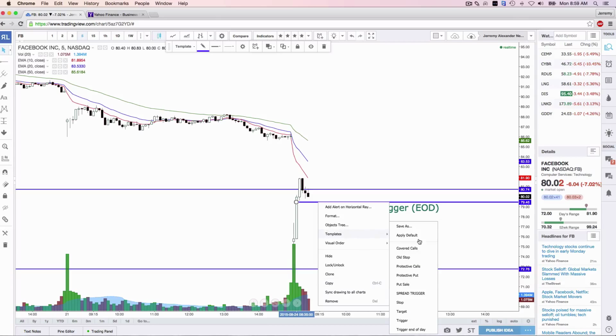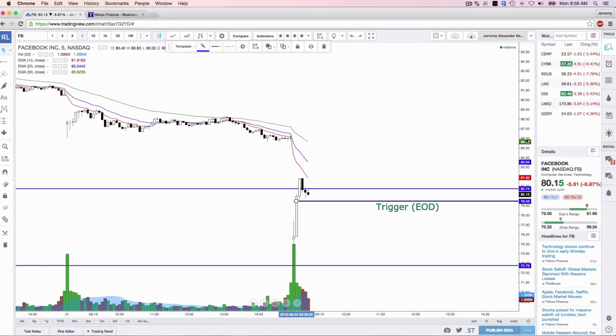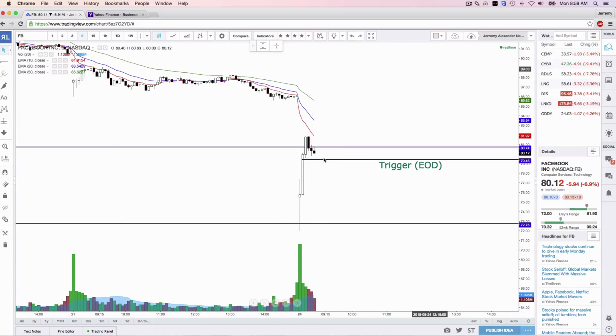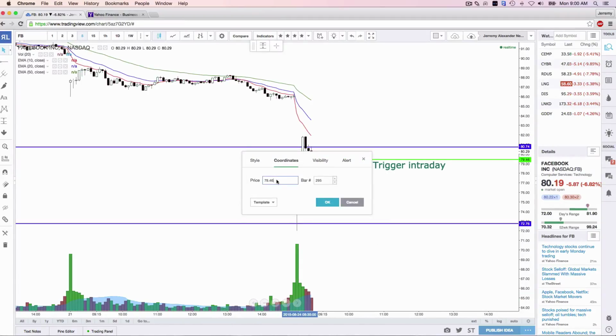All right, so let me go to trigger. Give me 1 second, and we're going to explain this as we're looking at it. Again, you can see the volatility here on Facebook is quite massive. So I'm trying to format this. So this is 79.58, which is below the white candle.